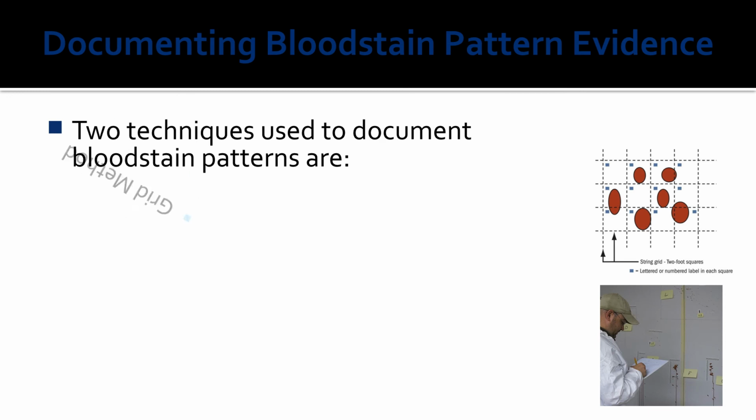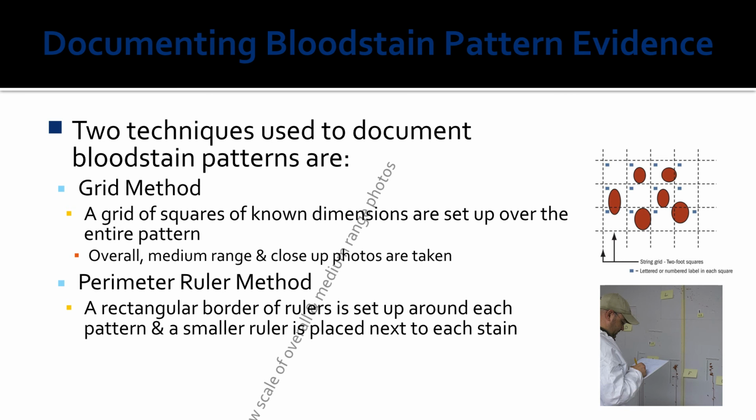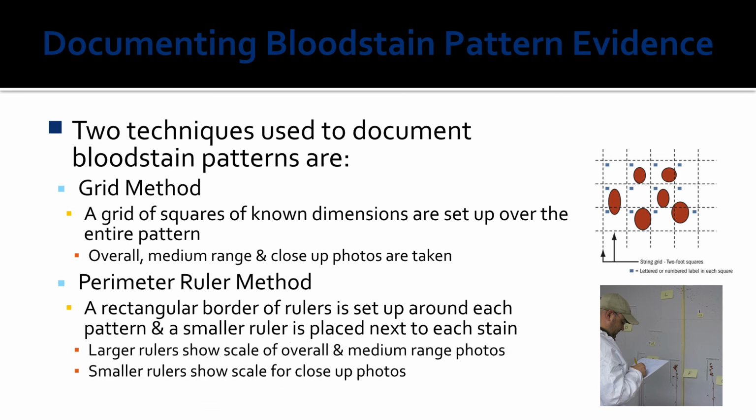There are typically two techniques used to help document bloodstain patterns. The grid method is where a grid of squares of known dimensions is set over the entire pattern, and then overall, medium range, and close-up photos are taken, of course with and without markers and rulers and so on. A second technique is called the perimeter ruler method, where a rectangular border of rulers is set around each pattern and a small ruler is placed next to each stain.